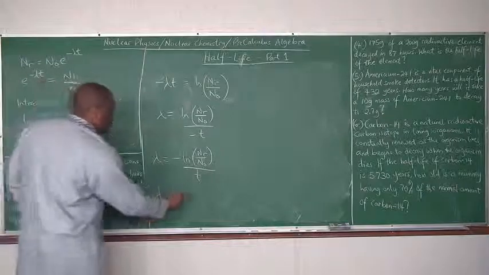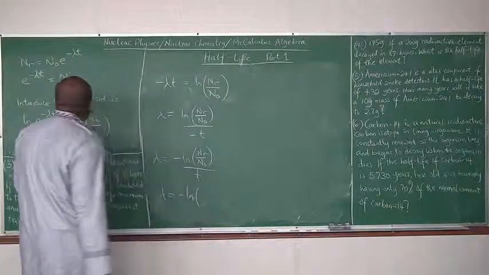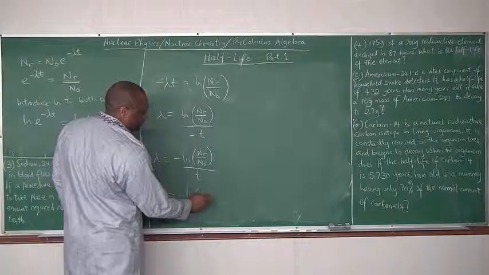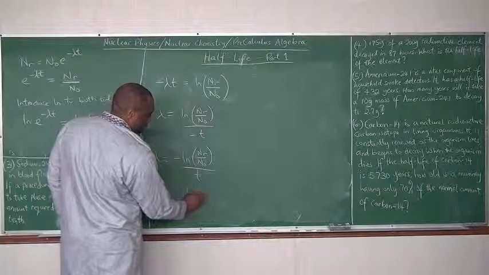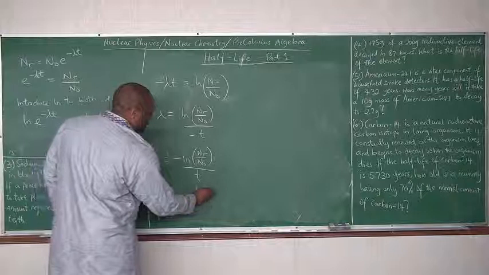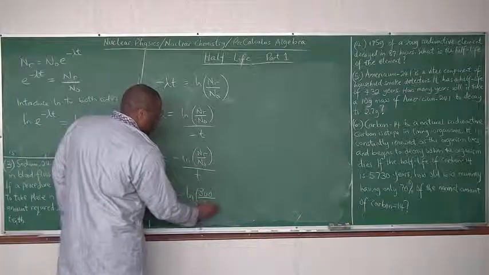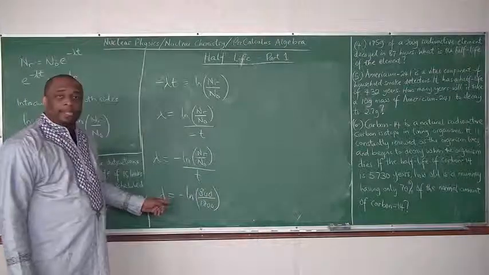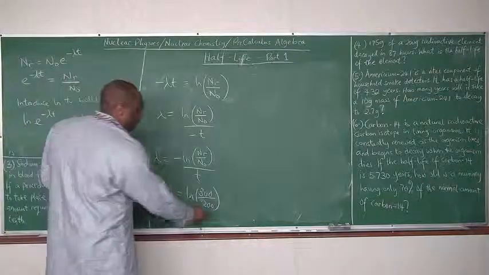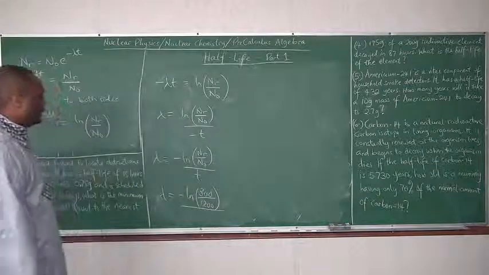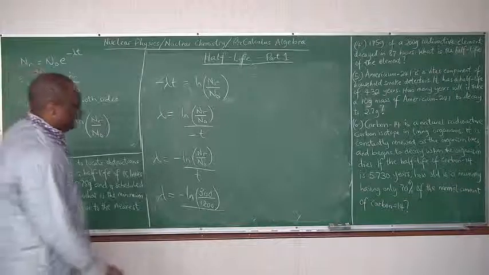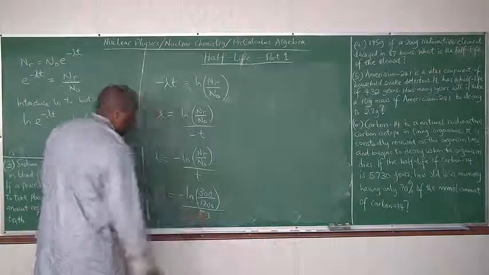Negative ln, what was our NR? That was 300 over 1200, all over, what was our T? Our T was 50.